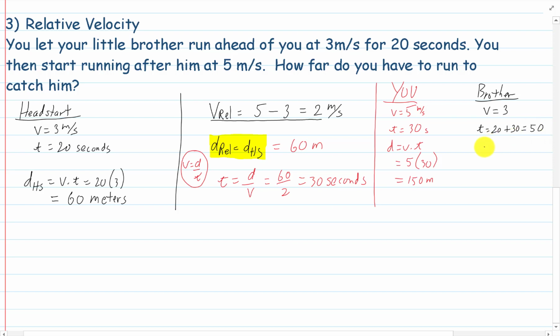The distance that he ran, velocity times time, that's 3 times 50. He also runs 150 meters, and that's it. It better be. If you started at the same place and ended up at the same place, you travel the same. Okay, so that was our check. There was our answer, 150 meters.